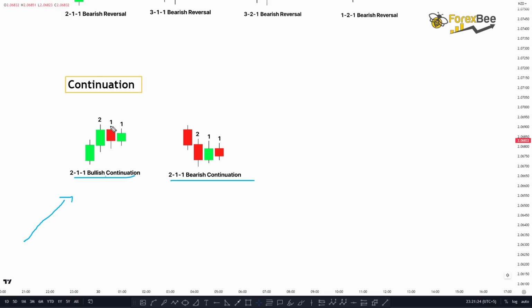We can put our entry at the high of this 1 candle, and then add our take profit at the high of this 2 candle. So this is the 2-1-1 bullish continuation. In the case of the 2-1-1 bearish continuation, we can enter the market at the low of this 1 candle, take profit at the low of this candle here, and put our stop loss at the high of this one. Similarly, in the bullish continuation we can put our stop loss at the low of this one here.